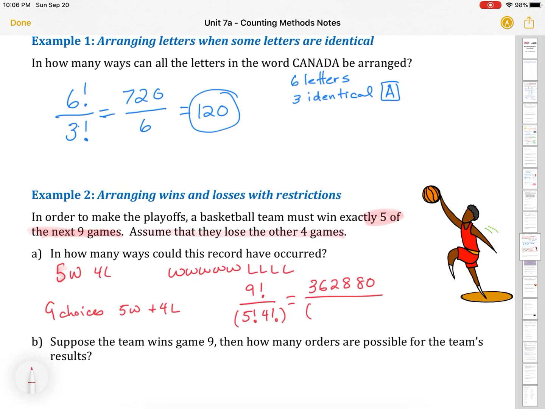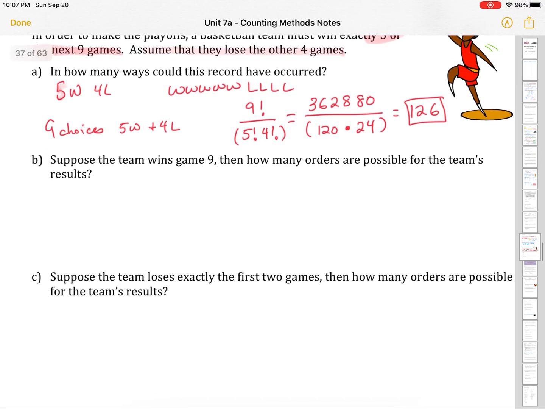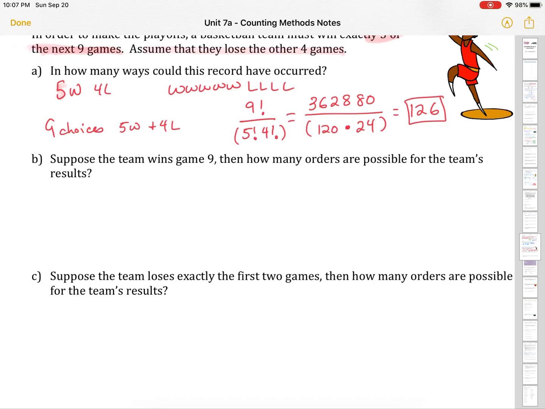So 9 factorial is 362,880 divided by 5 factorial, which is 120, and 4 factorial is 24. So if I divide that, I'm going to get 126. So there's 126 different ways they could win those 5 and lose those 4 games over the next 9 games. Okay?